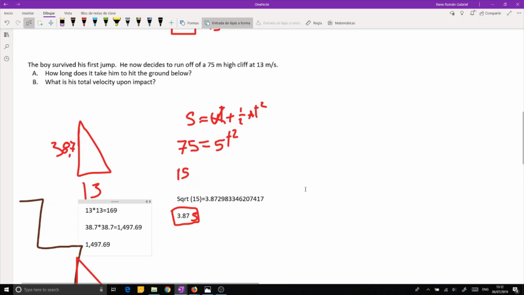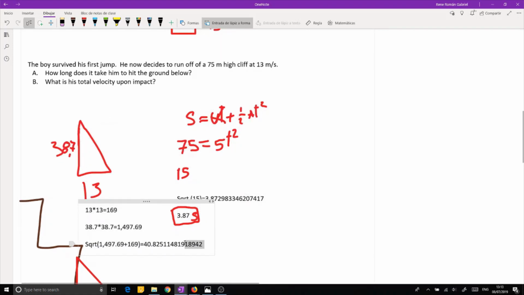So square root of parentheses plus 169 close parentheses, and it gives us 40 point something. So let's just put that there. And we should round this up, and since there's a 5 here, this 2 becomes a 3.